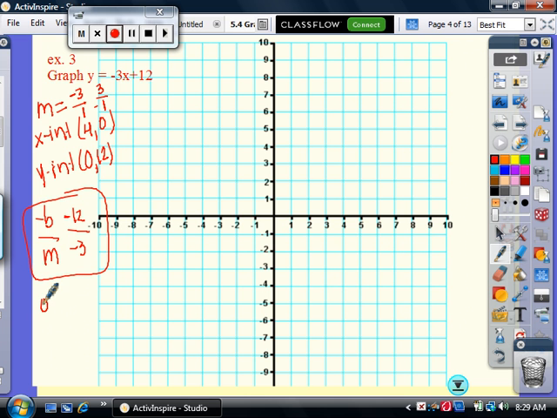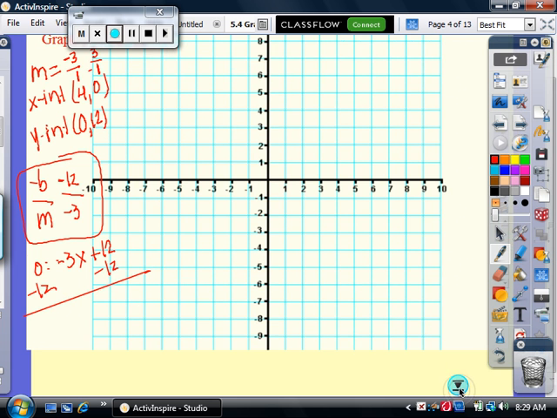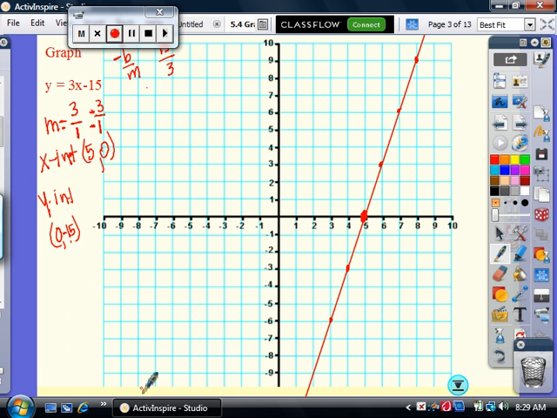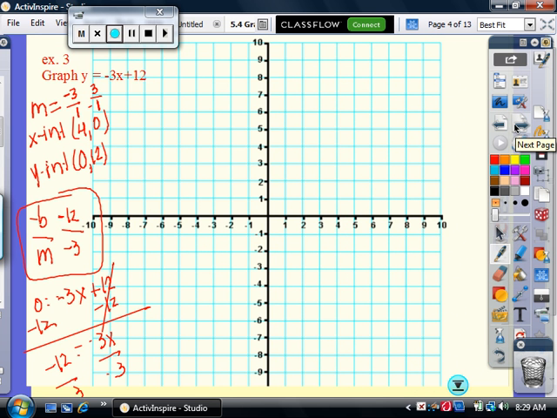If I plugged in 0 for y, and then solve for x like I did in chapter 3 when I was just solving simple equations, I'm going to end up doing the same thing. The opposite of b divided by m, going to get the same answer. Okay, so this just allows you not to have to work it all out. It's just a little shortcut.